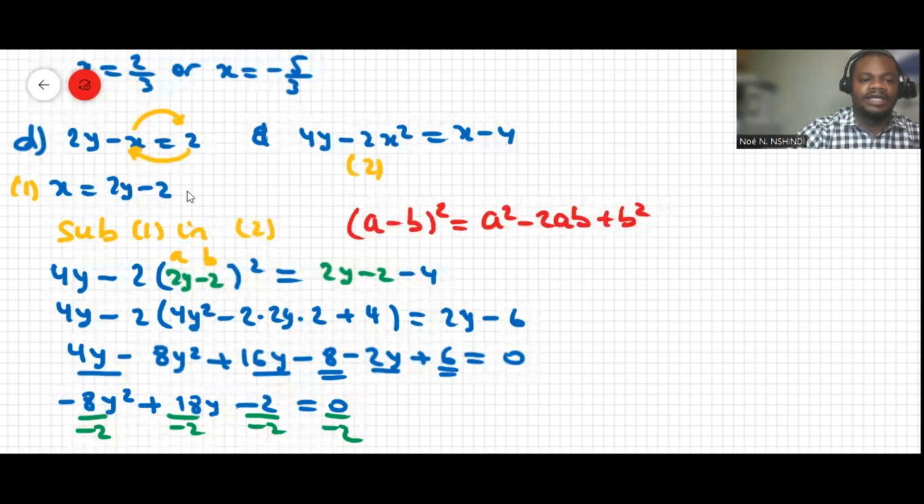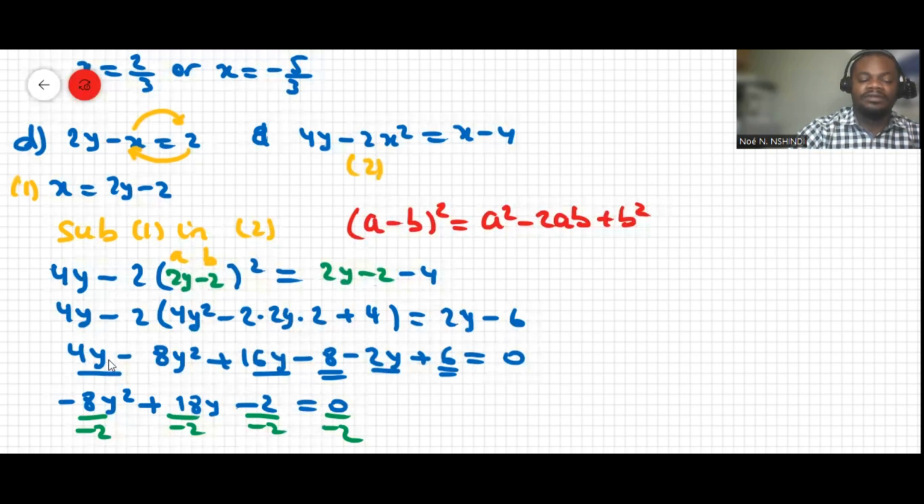Over here I said x will be equal to 2y minus 2, and then I sub the value of x in equation 2. That makes 4y minus 2 times (2y minus 2) squared equal to x minus 4. And then that will be 4y squared minus 2ab plus b squared. Okay, that's right. Equal to, that makes 2y minus 6.